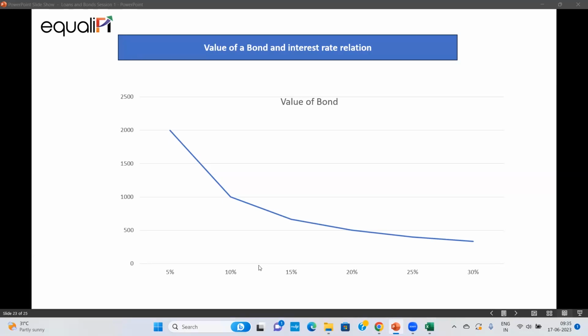Yeah, you are right. People tend to invest in bonds when the equity market falls. You are right. But then what happens to the bond market?